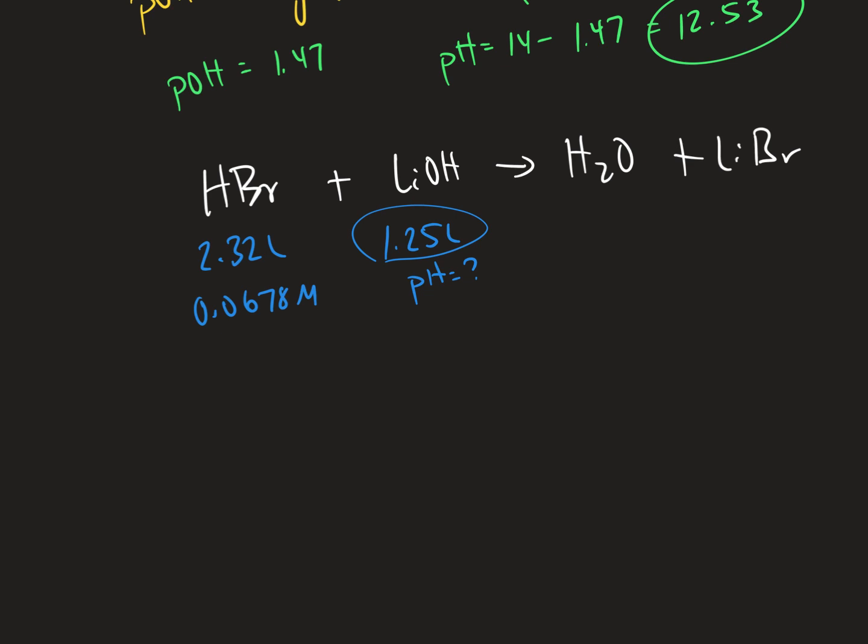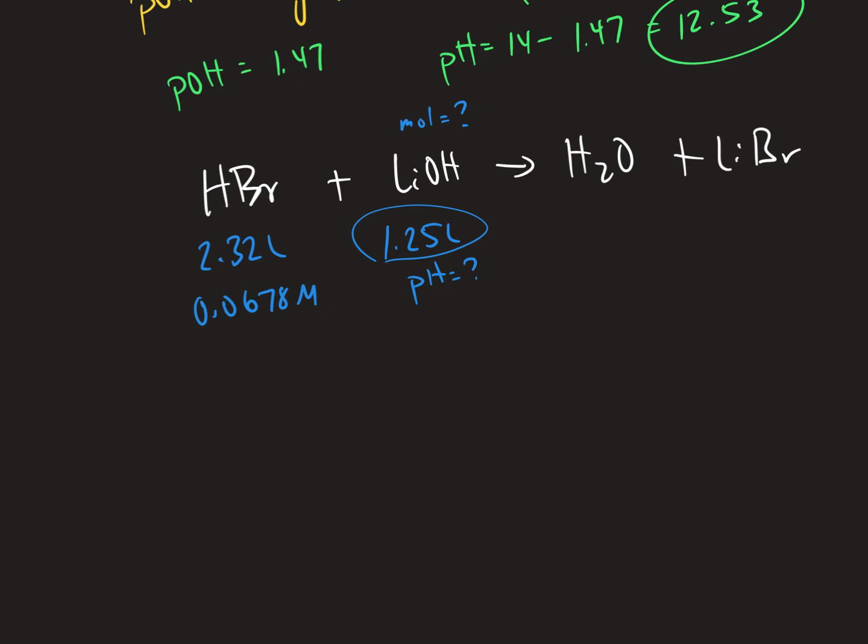All we have is liters of LiOH. We need the pH of LiOH, right? So what do we need? Yeah, we need moles. We need concentration, right? To find pH, we've got to have concentration. All right, so we need initially moles of LiOH. Are we okay with that?